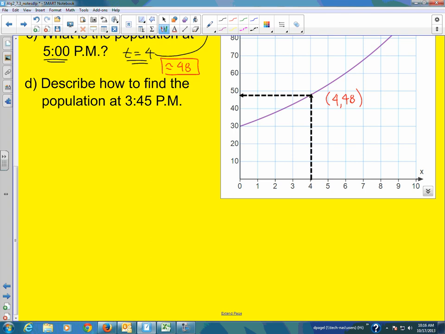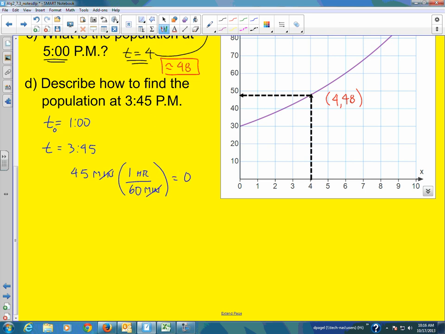So, if we started at time 0, which is 1 p.m., now we're going to some other time value, which is 3:45. Well, it's at least 2 hours. And then how do we convert our minutes into hours? Well, we have 45 minutes, and there are 60 minutes in 1 hour. So we're just using a little dimensional analysis conversion here.